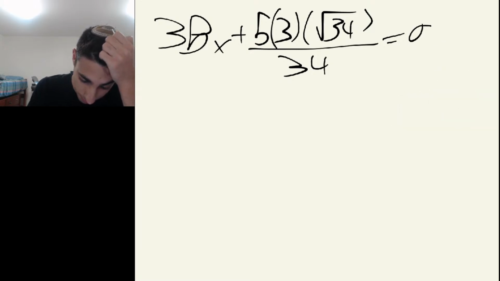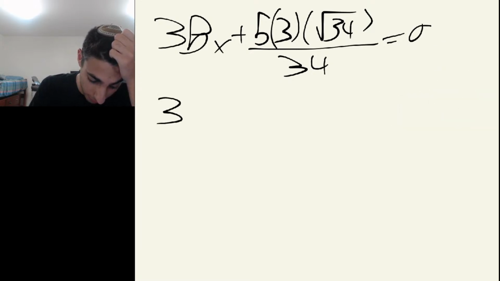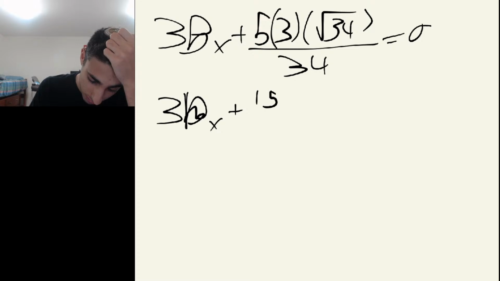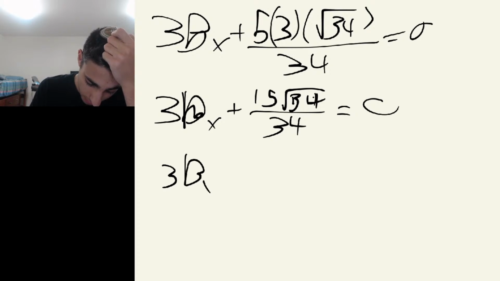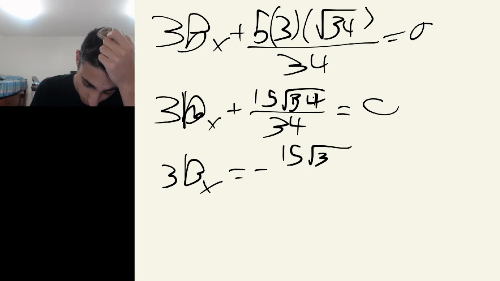Now let's simplify the whole thing. So 3bx plus 5 times 3 is 15, 15 radical 34 over 34 equals 0. Let's subtract, so 3bx equals negative 15 radical 34 over 34.